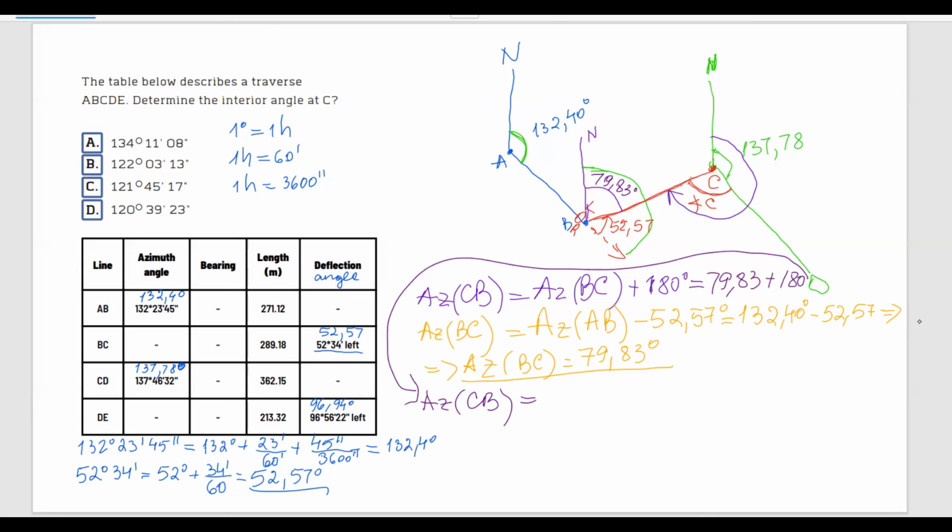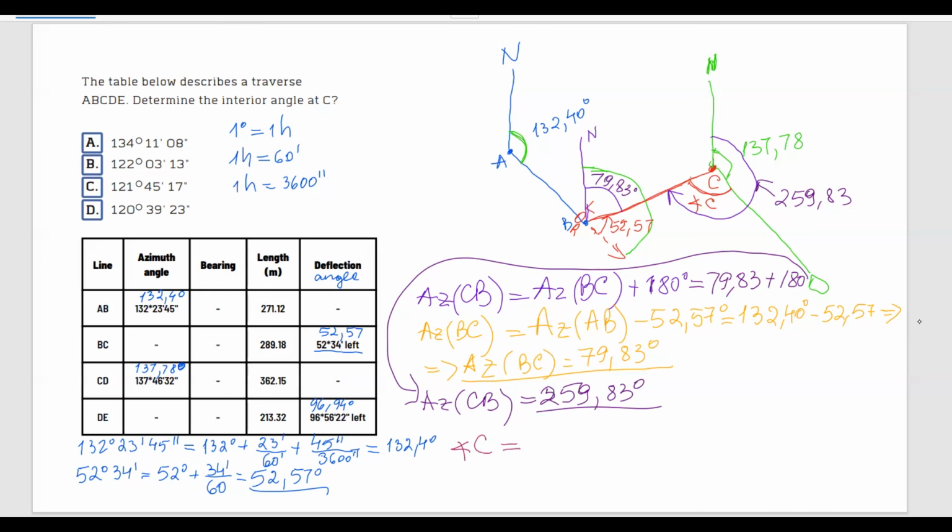Azimuth of CB, use your calculators, 180 plus 79.83, I get 259.83 degrees. Perfect. So now we know this purple angle, this whole angle, which is 259.83.